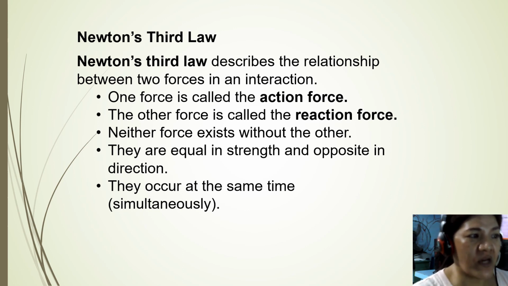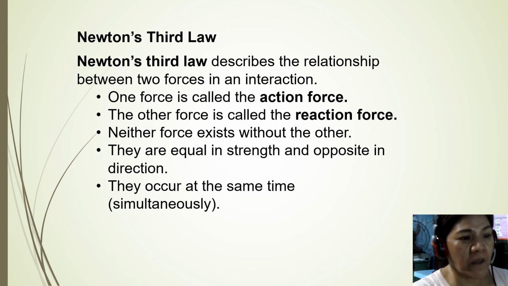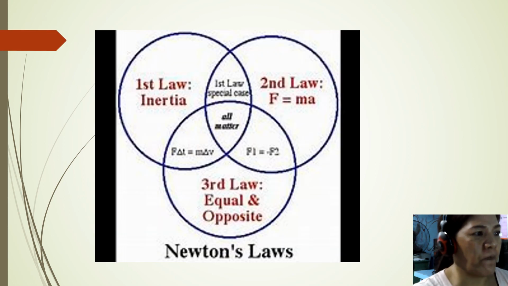One force is called the action force and the other force is called the reaction force. Neither force exists without the other. They are equal in strength and opposite in direction. They occur at the same time, simultaneously. Action, may reaction agad. So class, I hope it is clear with you.